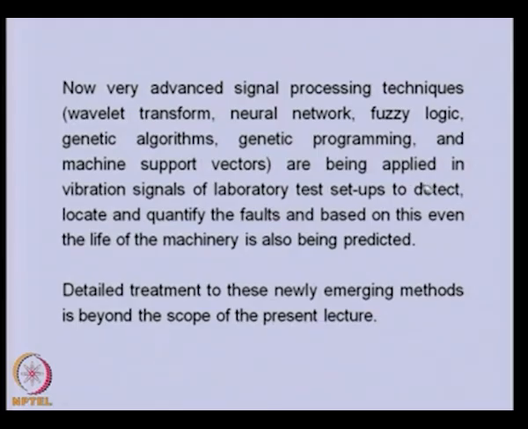So, not only detection of the fault, but with these techniques we can pinpoint where the fault is, and even quantify it, and based on this even the life of the machinery is being predicted, how long we can run the machine without much danger. Detailed treatment of these newly emerging methods is beyond the scope of the present lecture, but we will mainly focus on the vibration signature and try to correlate various kinds of faults.